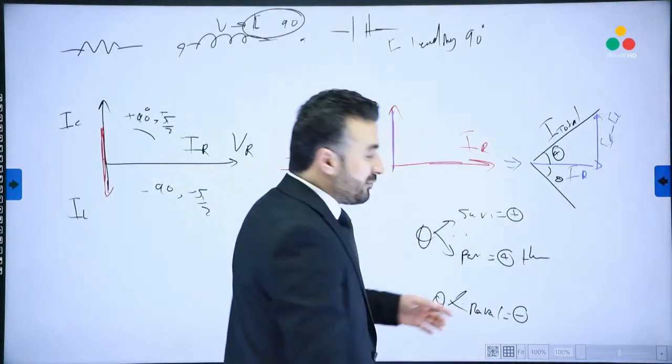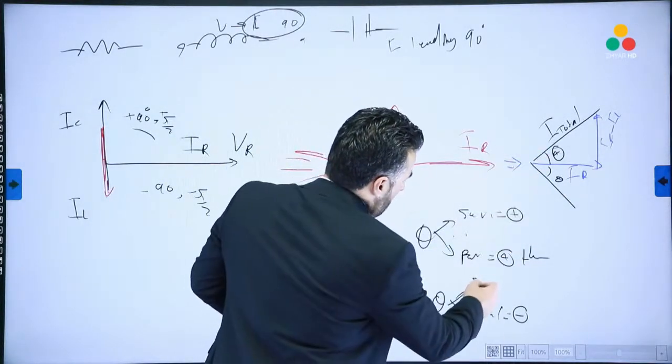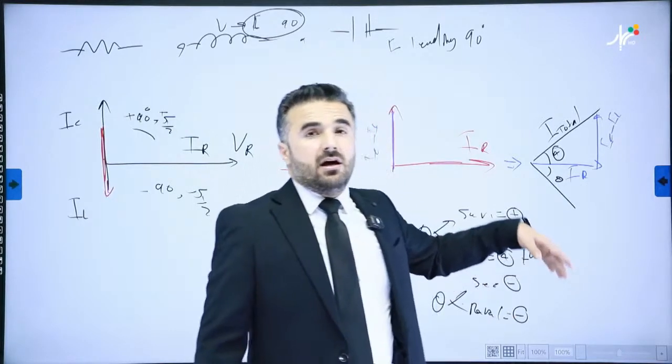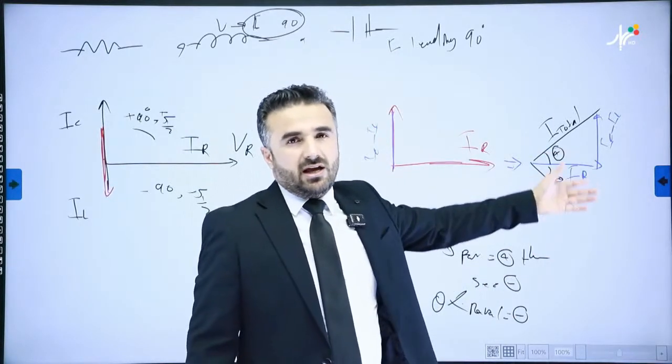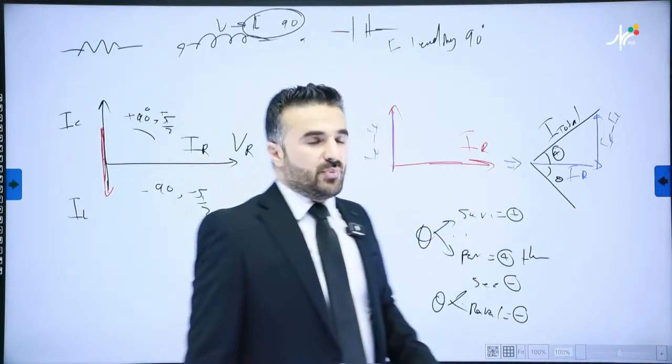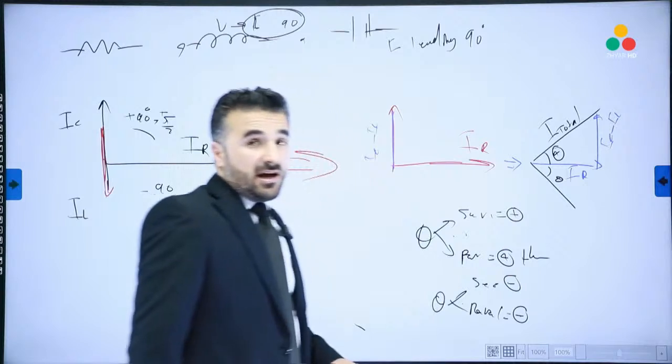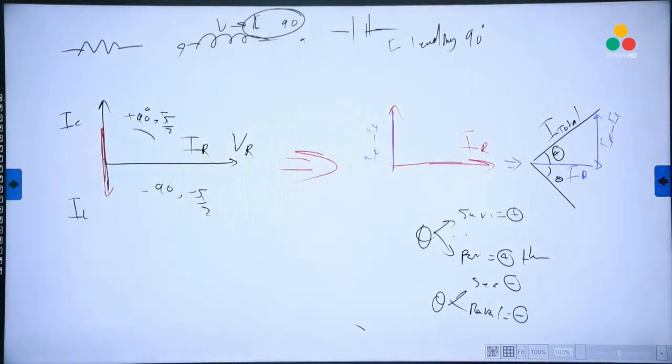If you remember, in a series circuit, if the angle were negative, we were saying the current was leading, or the voltage was lagging behind the current. But it is quite opposite here. If we get a negative value here, that means the current is lagging behind the voltage. And of course, that is where it comes from.